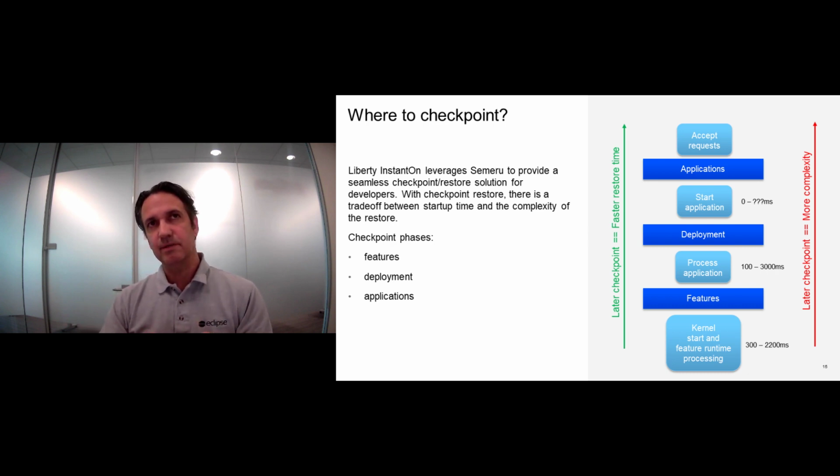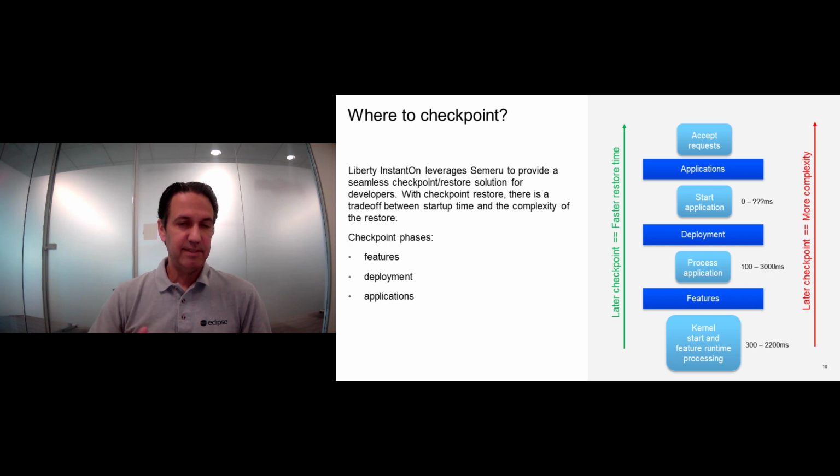The other thing we want to prevent is allowing that application to make external requests to outside resources, such as databases. These types of things would create state within the checkpointed image that we wouldn't be able to successfully restore when we're talking about restoring that particular application into many different instances, perhaps all running at the same time in order to scale up your application.